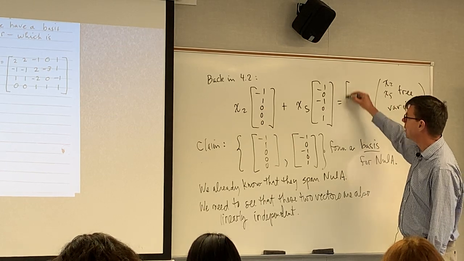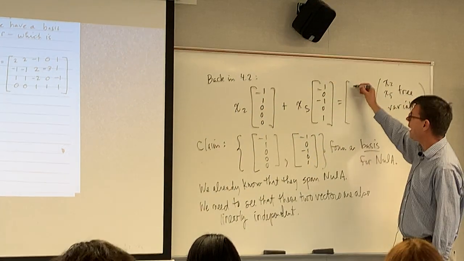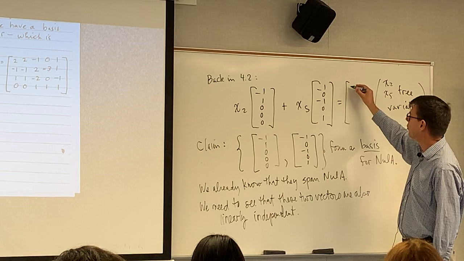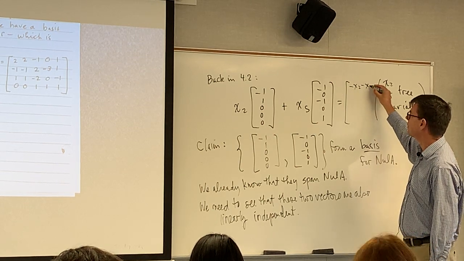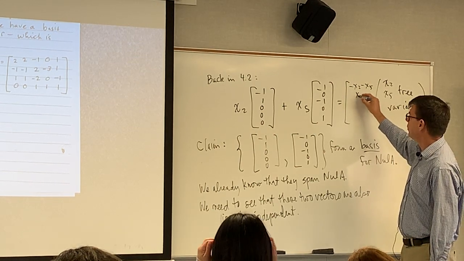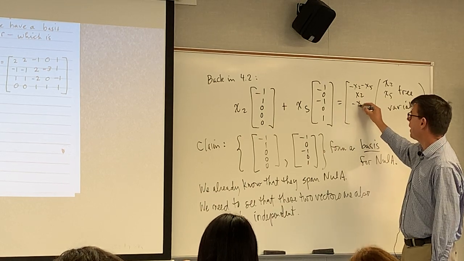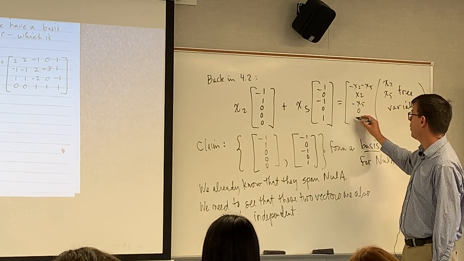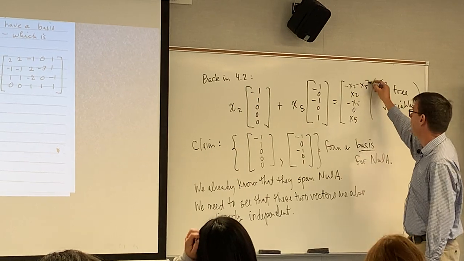If you multiply this back out, the entries were negative x2 minus x5, x2 minus x5, 0, x5, right?